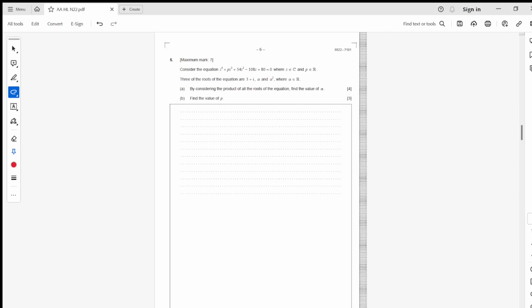The next question asks us about the value of alpha and the value of p. So let's begin with this observation. If 3 plus i is a root, then 3 minus i is also a root.